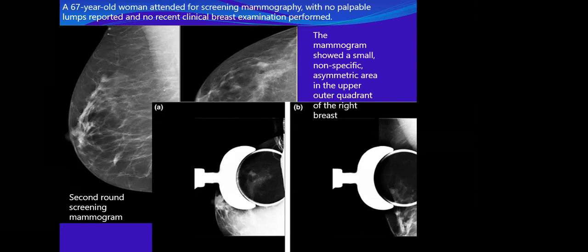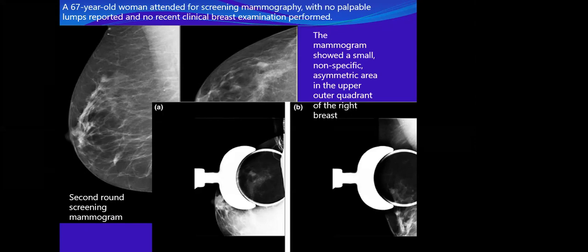What is next? You have to do an ultrasound. If I could not see it on ultrasound, another examination like MRI. I want to know, is it stable? Is it a developing asymmetry? I pointed out many times that this is second round screening. Yes, you have to see the previous images.